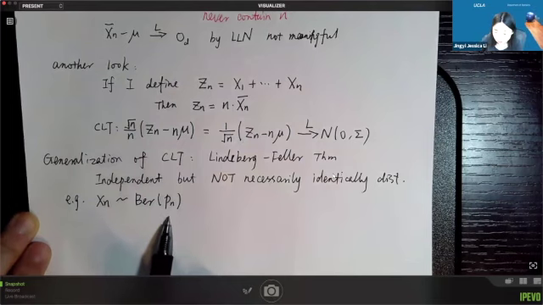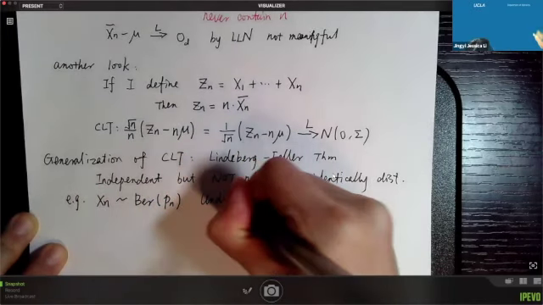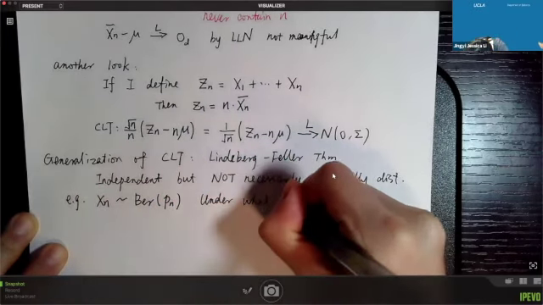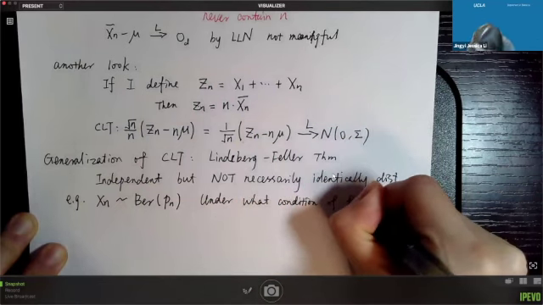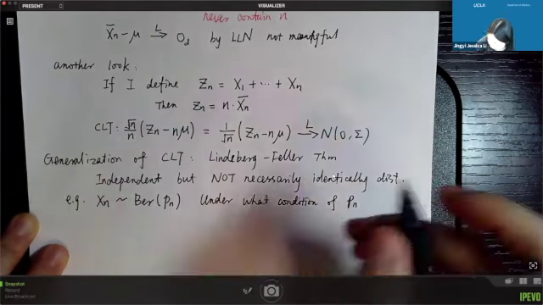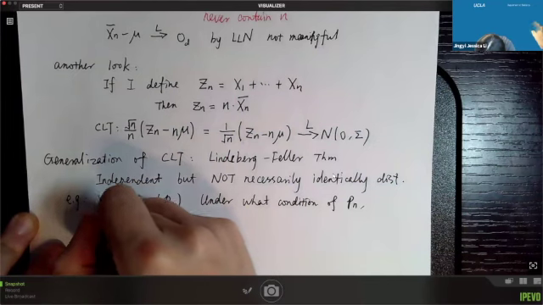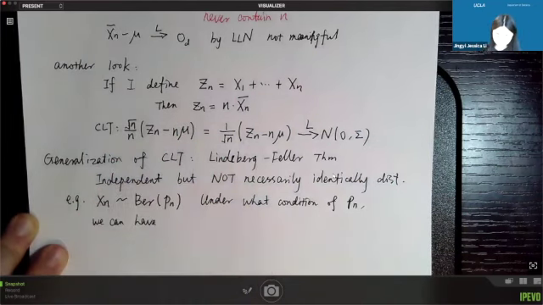So then we want to know under what condition of Pn, that is, with what rate Pn changes, we can have asymptotic normality.